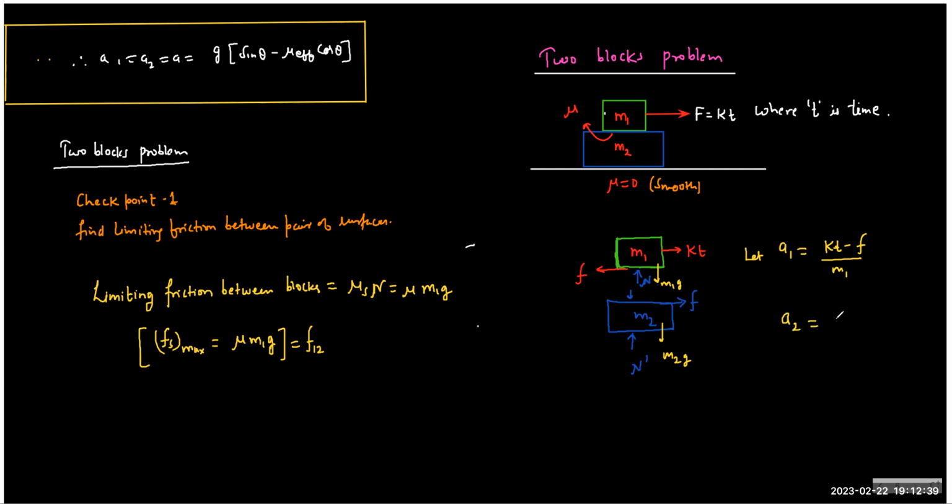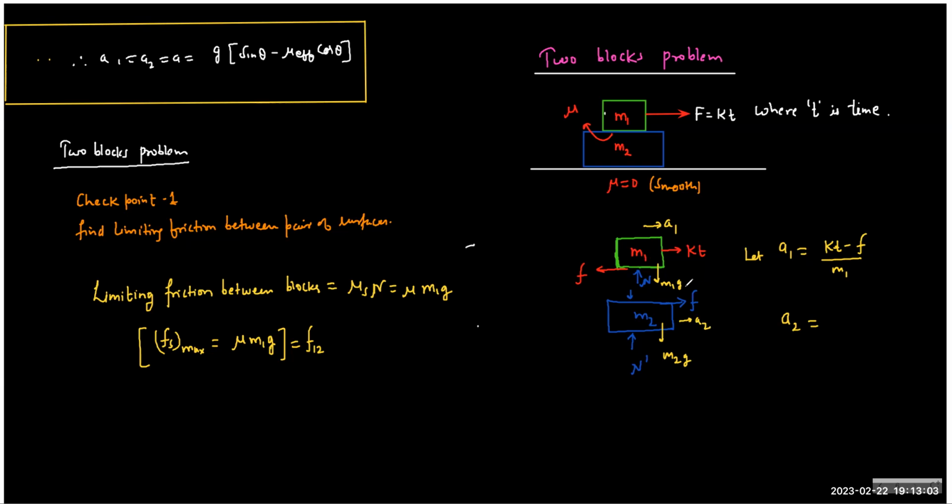And A2 equals how much? Tell me. So why is it KT minus F? Because this will go towards the right. So what is the net force? I mean, what is Newton's law?